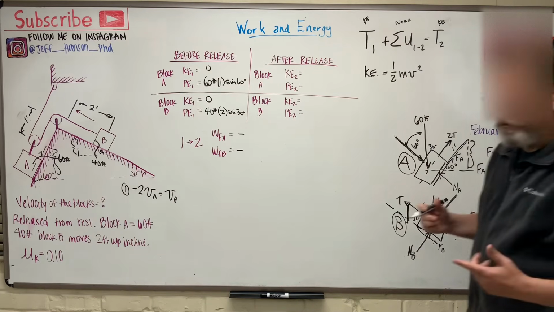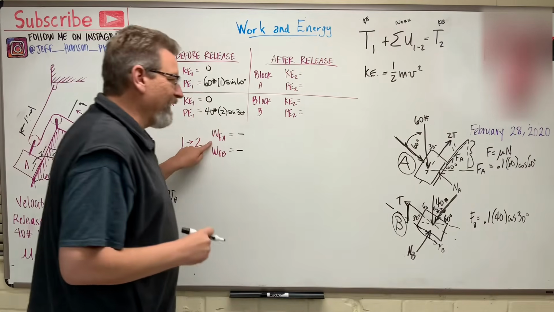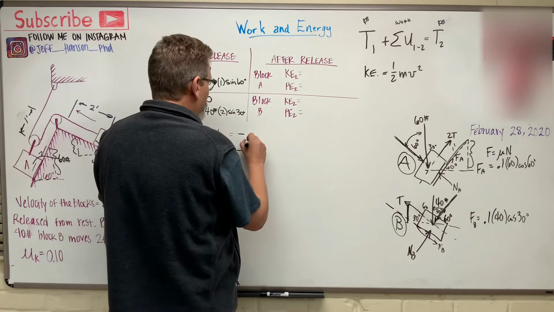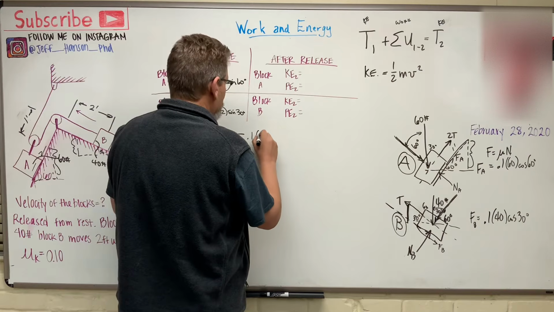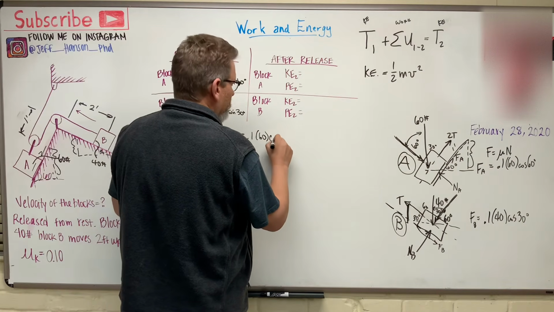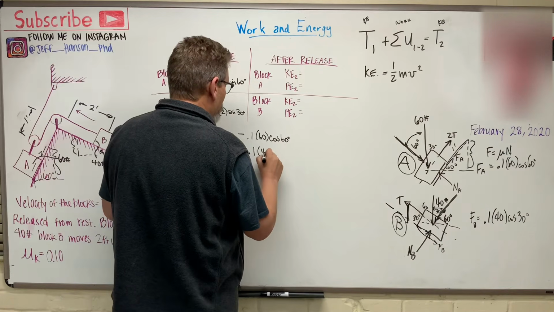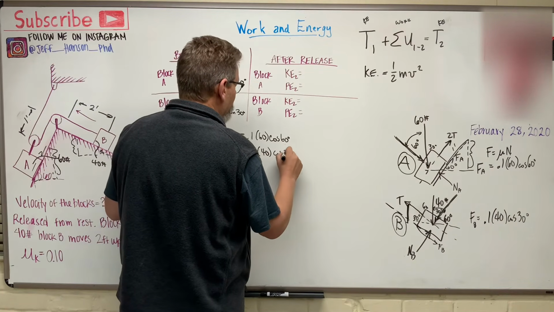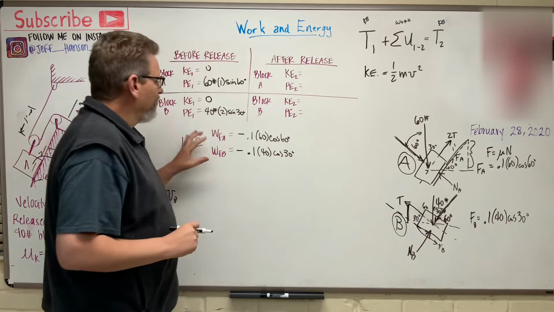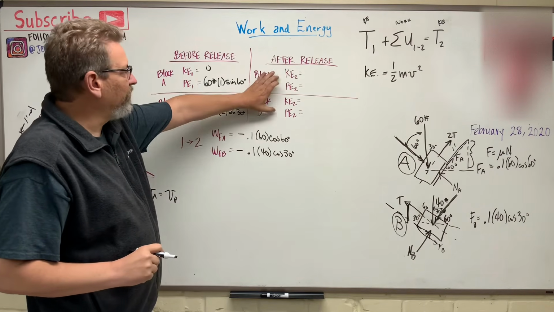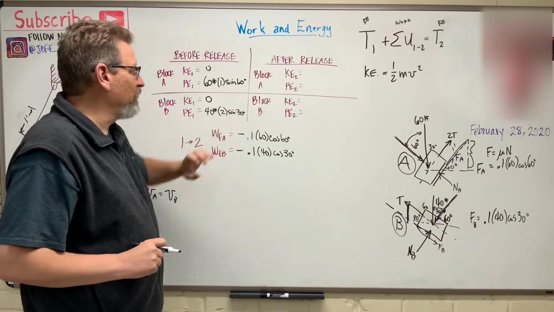So there's my two works here, and they're going to be negative: 0.1 times 60 times the cosine of 60, and 0.1 times 40 times the cosine of 30. So there's that. Now let's do, after the release, what's going on.